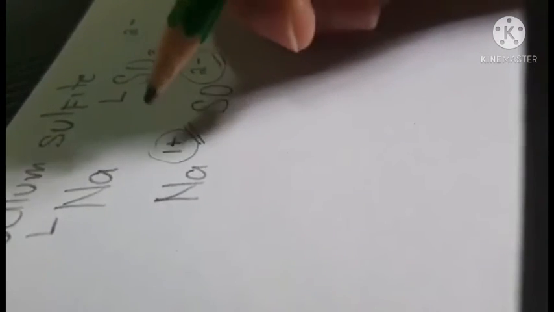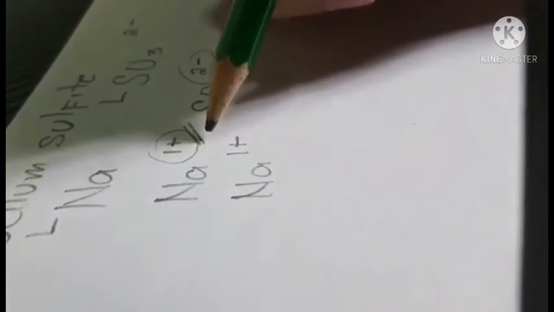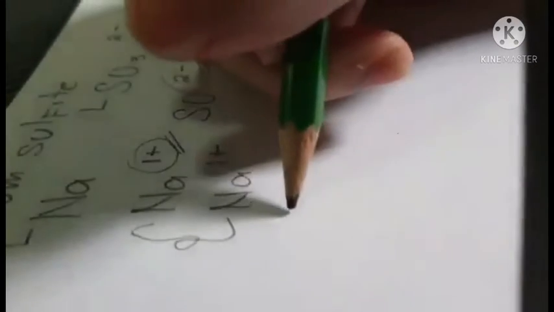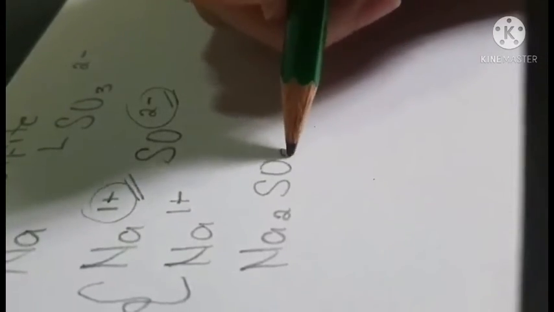But since sodium has only 1 positive charge, we will need 2 of them. So we can have +2 charges and balance it out with the sulfite. So if we need 2 of them, we have to write down the number of atoms we will need for the sodium, as well as the formula of the sulfite. And that's how we name polyatomic ions.